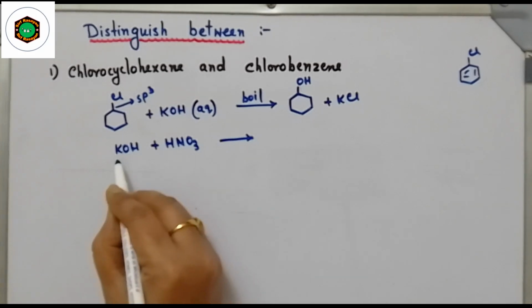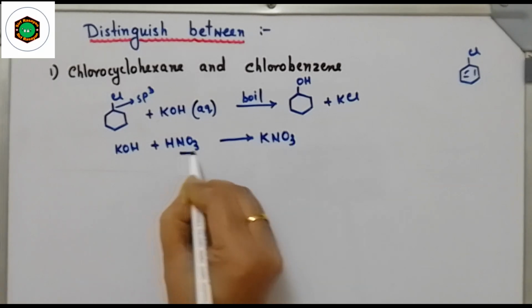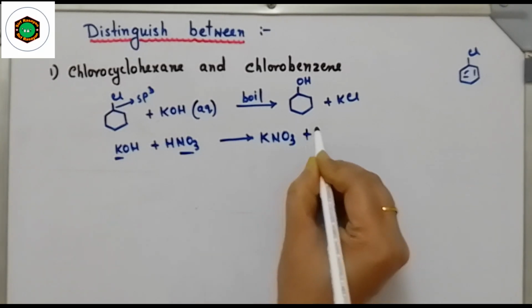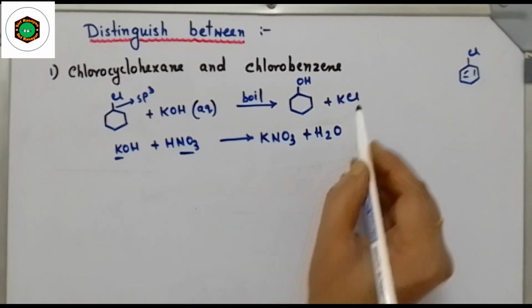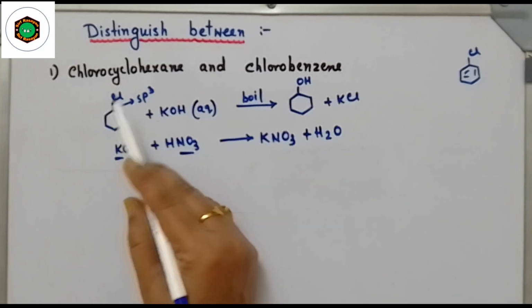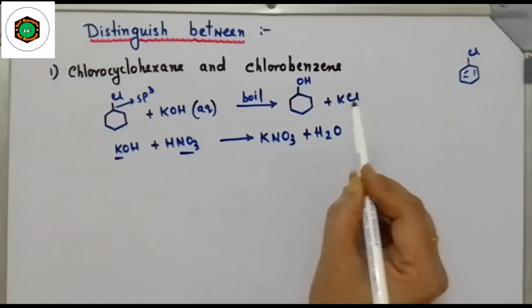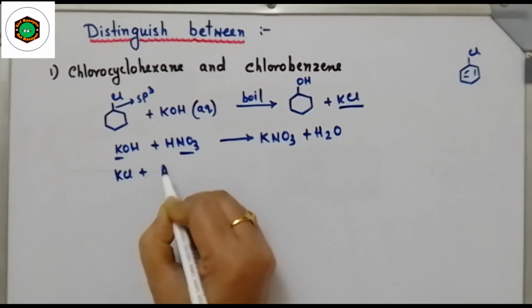You will get potassium nitrate and water. Now we are adding AgNO3. So here by nucleophilic substitution Cl is displaced. We are getting KCl. So in the medium we are now adding silver nitrate.